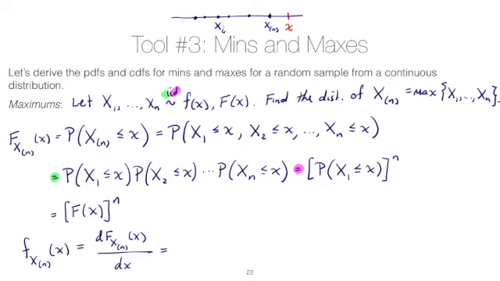We've got to use the chain rule here, so it'll be n times the CDF of x raised to the n minus 1, and then the derivative of what's inside. The derivative of the CDF is the PDF. So that should be the formula for you to find the distribution, the PDF, of the max of a sample.